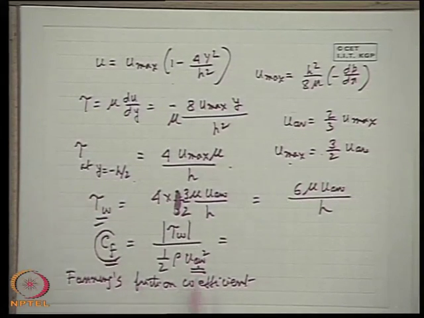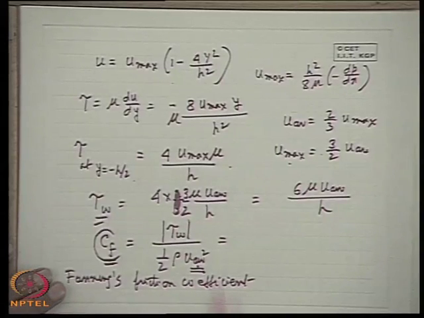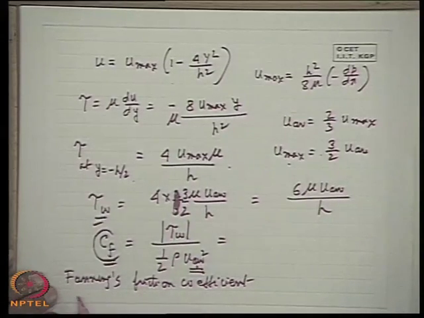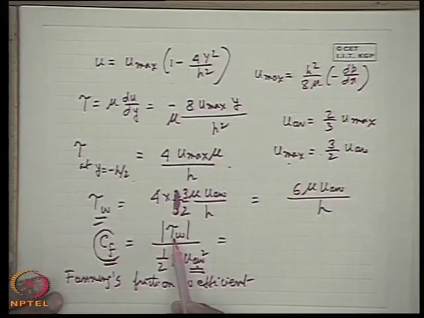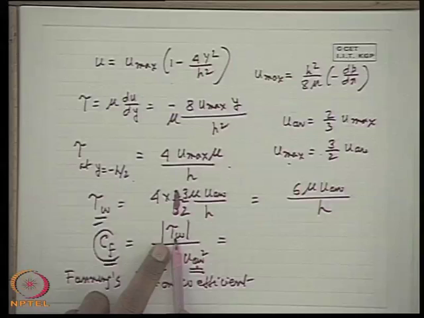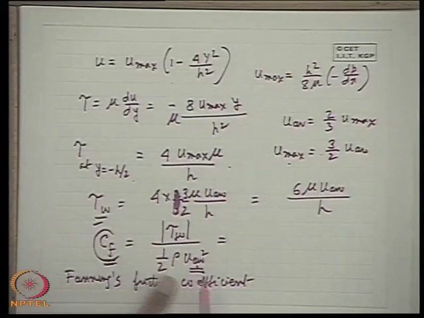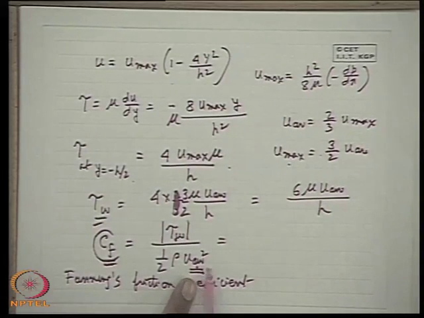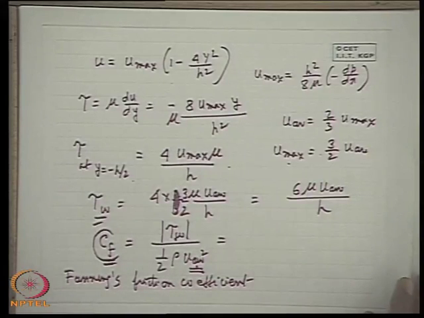So this is a general expression for Fanning's friction coefficient: the shear stress at the wall, that means at the solid surface, divided by the dynamic head based on the characteristic velocity, which is the average velocity in case of a confined flow, and the free stream velocity in case of flow past bodies. Okay, so this is the definition.